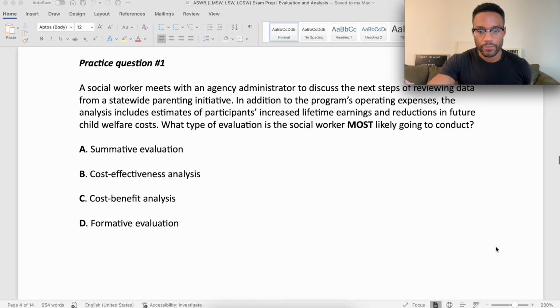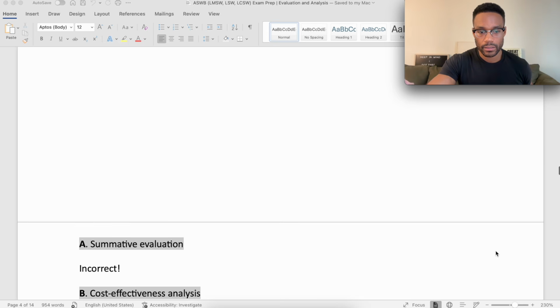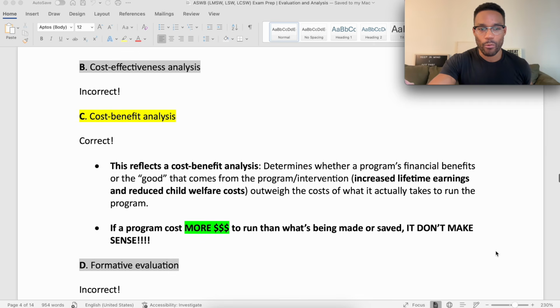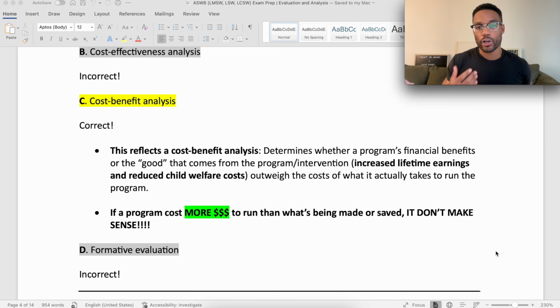Okay, if you picked C, cost benefit analysis, you are correct. Why? So remember, this reflects a cost benefit analysis because it determines whether a program's financial benefits, or the good that comes from the program slash intervention, in this case, increased lifetime earnings and reduced child welfare costs, when we turn that into money, outweigh the cost of what it actually takes to run the program.